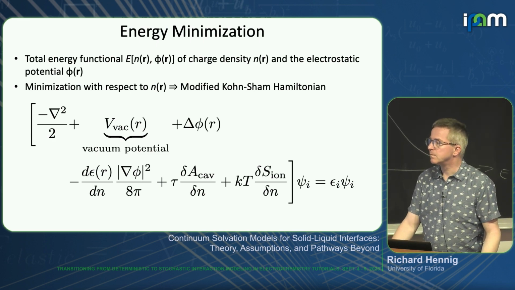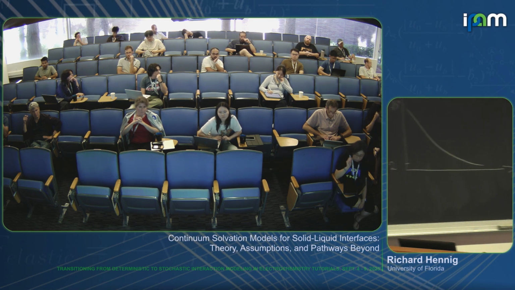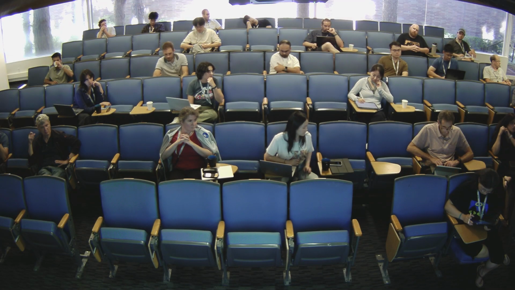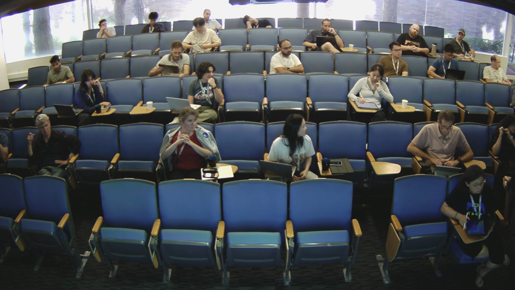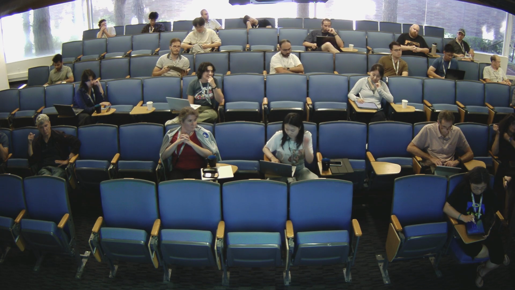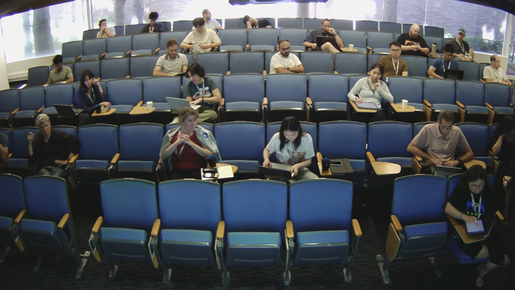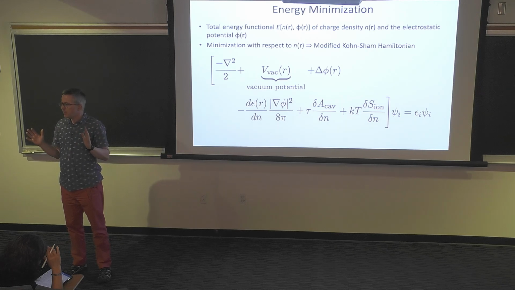So you mentioned that the tau cavity term is not very accurate when the feature is small. Yeah, tau times A is an approximation. If you have a very large system, it really should be the surface area, but for smaller ones, not quite. Is the error the assumption that tau is constant? Yeah, effectively the assumption that tau is constant in that equation, that it's just the area that's changing. One could say that tau changes with radius or area.